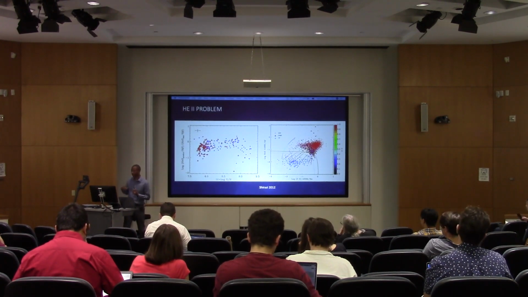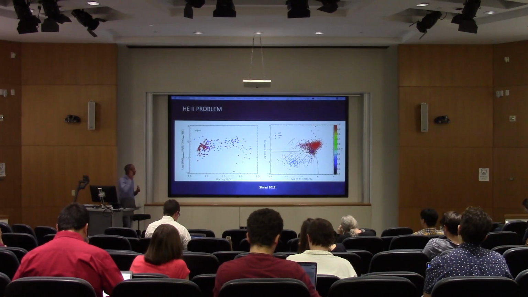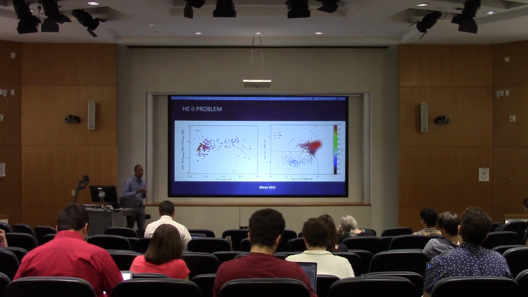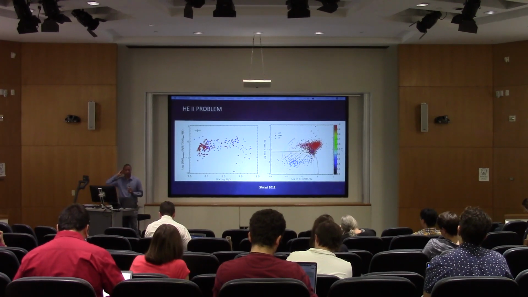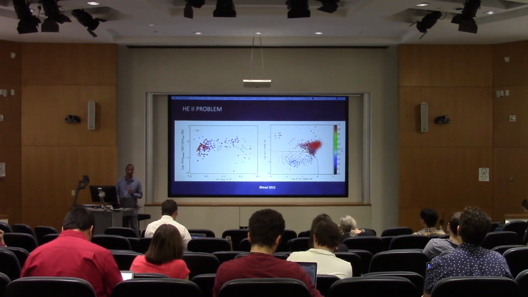So here's a Shirazi 2012 observational paper, and this is the HE2 to H beta ratio. Now, I named my presentation Blue Galaxies, and the reason I named it Blue Galaxies is because both helium-2 and H beta are blue. They give off a blue color.